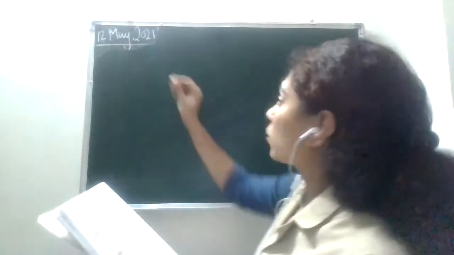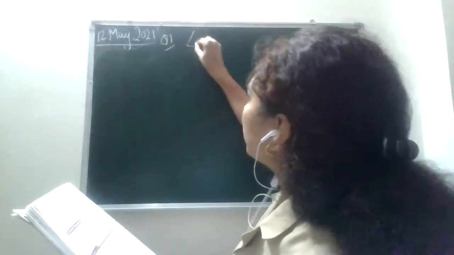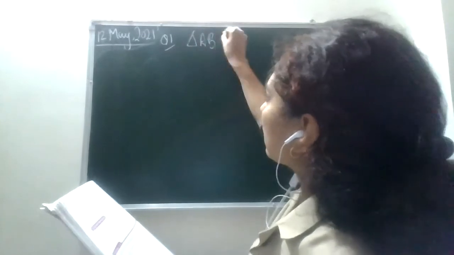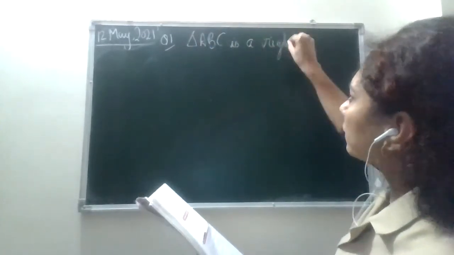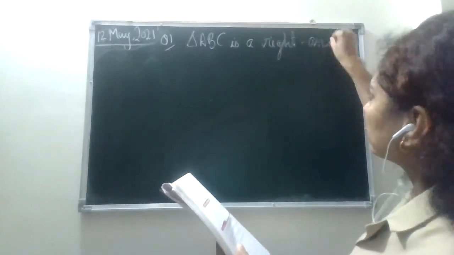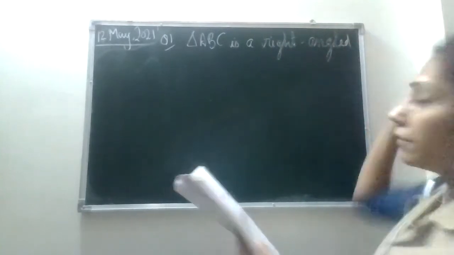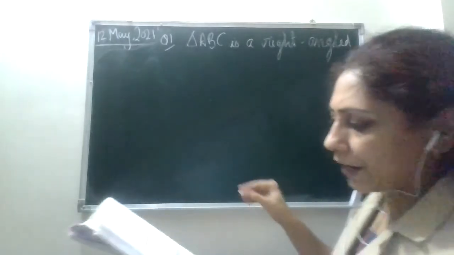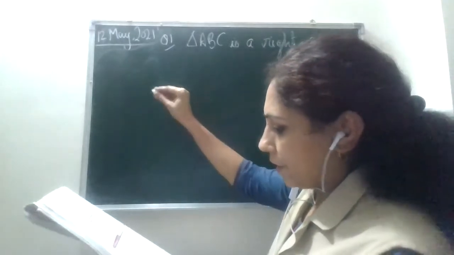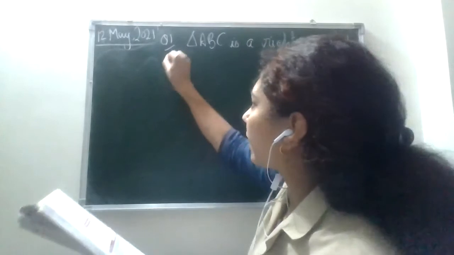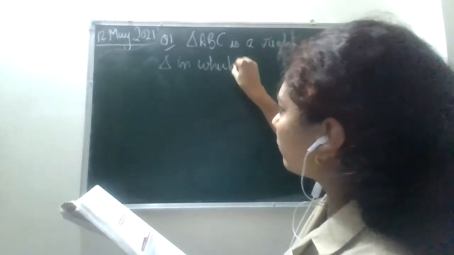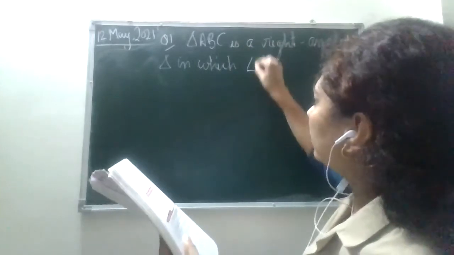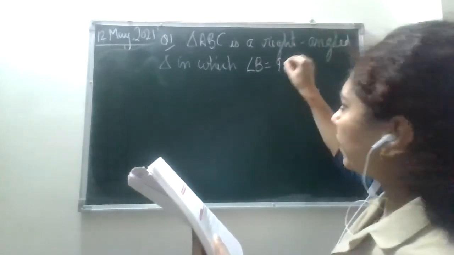Question number one. Triangle ABC is a right angled triangle in which angle B is equal to 90 degrees.